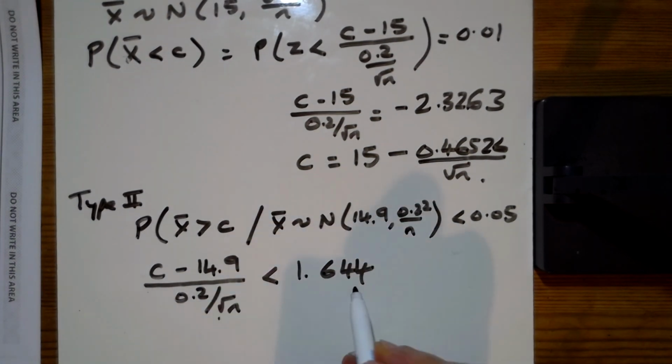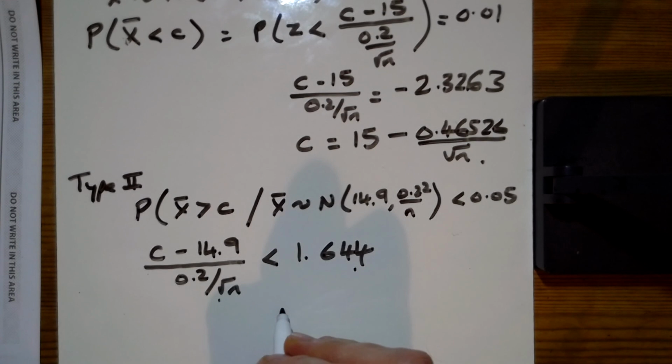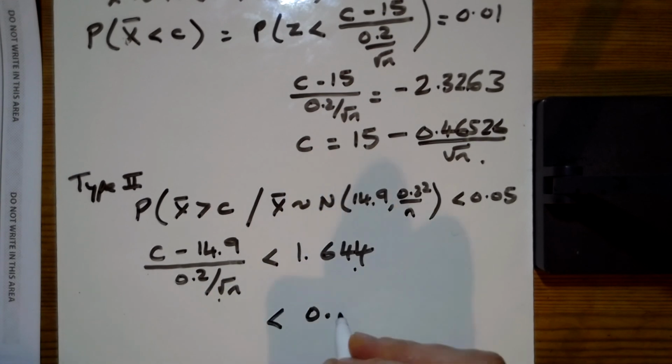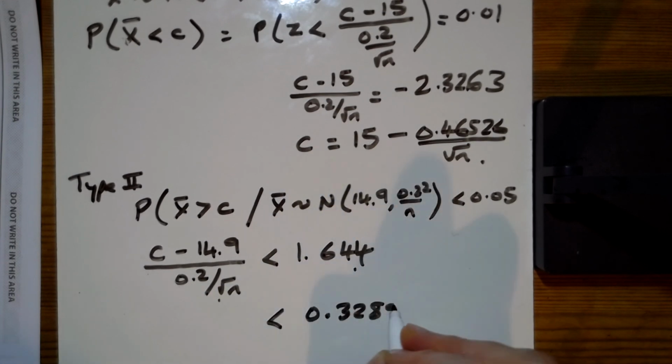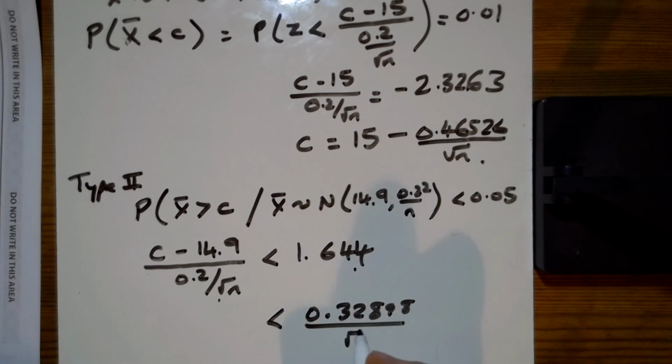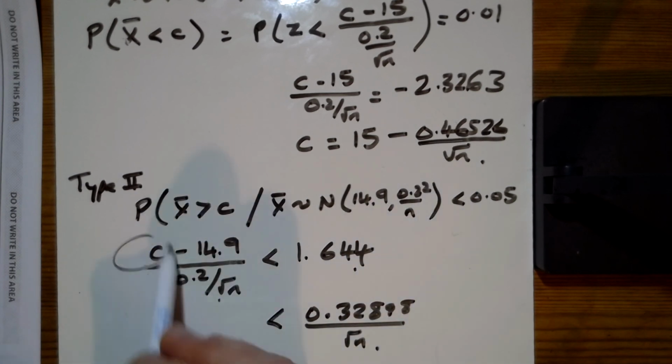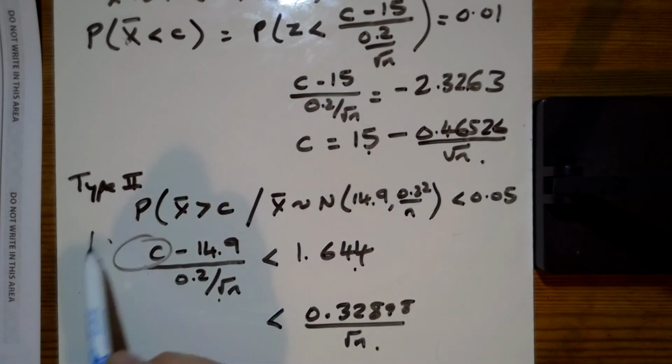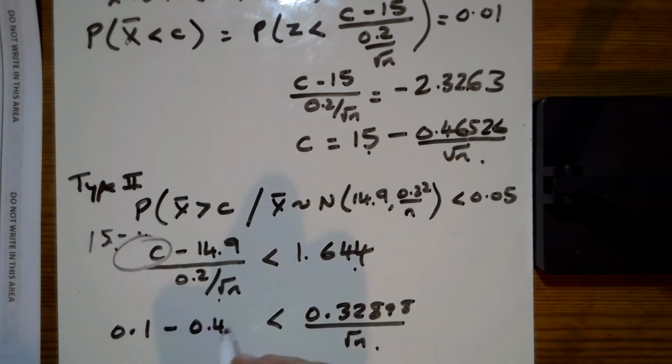So multiply that up there, gives us 0.32898 over root n. And putting that C in there, which is 15. So I've got 15 minus 0.46526 over root n, minus 14.9, which is 0.1 minus that.